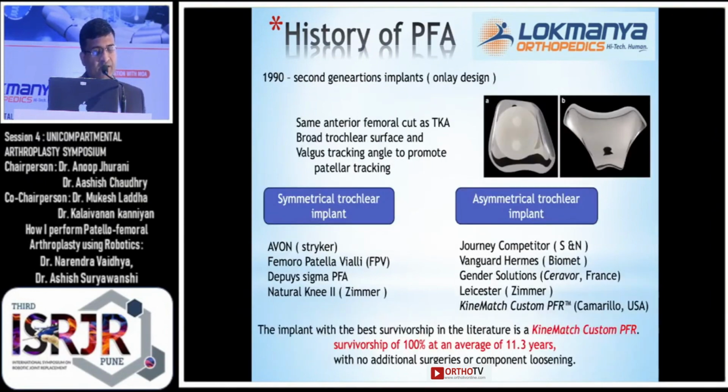The second generation, or what we call third generation onlay design, came in the 1990s, where designs are available as symmetrical or asymmetrical trochlear implants. The best survivorship in the literature is the Kinematch custom patellofemoral replacement, with survivorship of almost 100% at an average of 11.3 years.